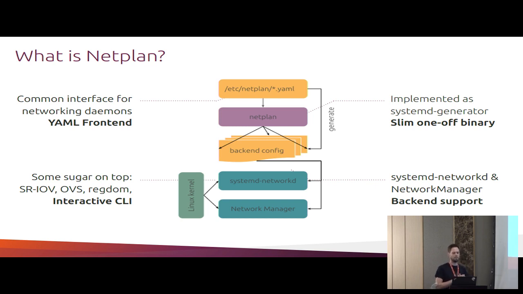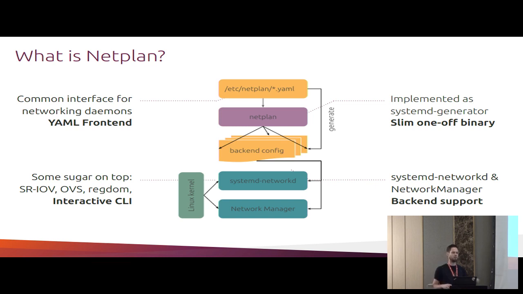Two of the primary supported backends are systemd-networkd and NetworkManager. So you can define either of those or a combination, depending on the interface. You can have one interface managed by networkd and another one managed by NetworkManager, for example, or you can have all in one daemon, it doesn't matter.